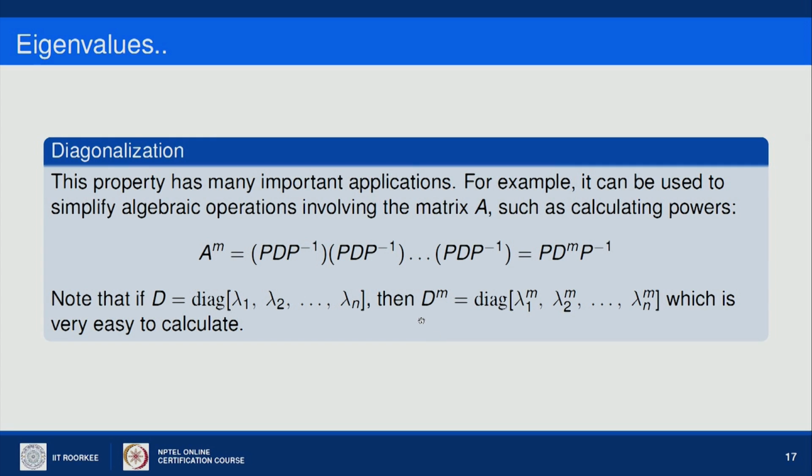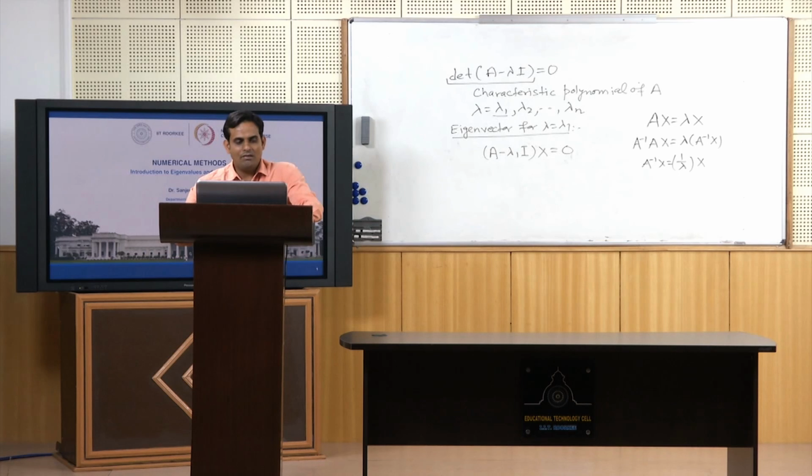D raised to power m can be calculated very easily just by taking the power m of lambda 1, lambda 2, and so on, and hence we can calculate A raised to power m in a very easy manner. However, not all matrices have this property; not all matrices can be written in the form P D P inverse.